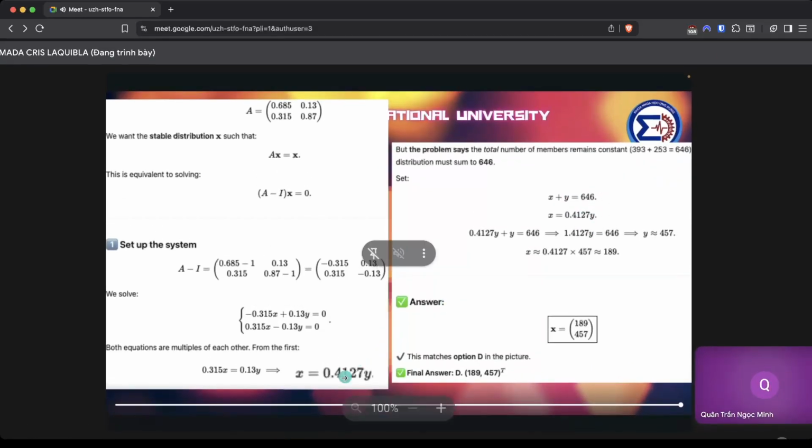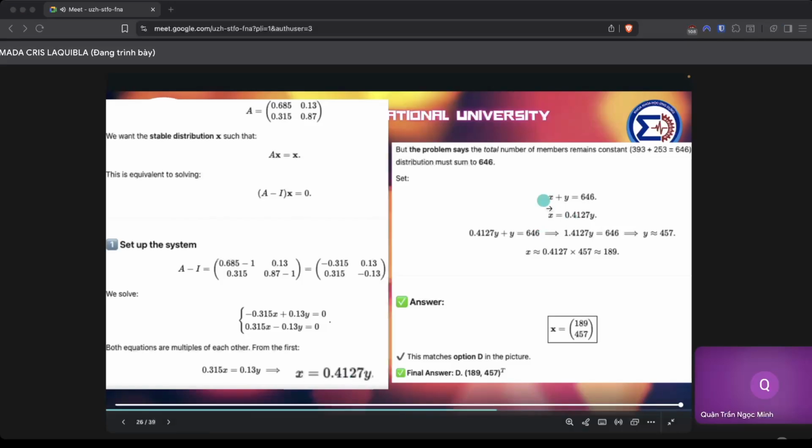Now what to do? Substitute your x here. So that is now 0.4127y plus y equals 646. Now your calculator can solve the y here, and your y value is approximately 457. Because there's a decimal here, they just round it off. Now what to do for your x?